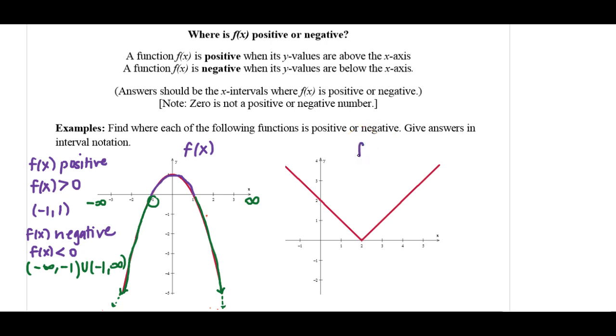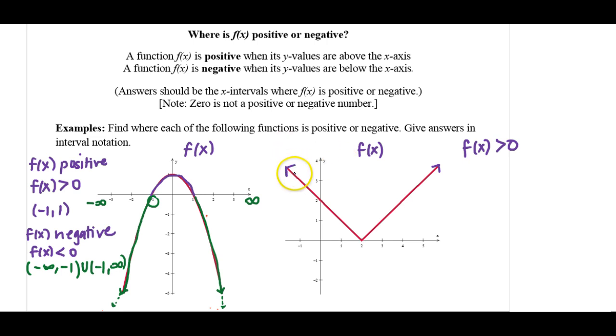So let's say this is my function f of x. I want to know where f of x is positive. So I'm going to stick to this notation: where is f of x greater than 0? This graph looks like it's almost always above the x-axis. Again, let's say they did have arrows pointing up, so these graphs go on and on forever.